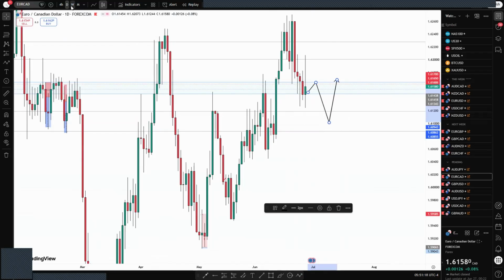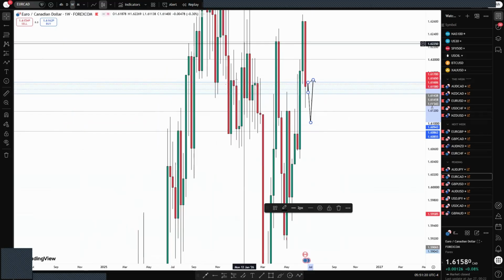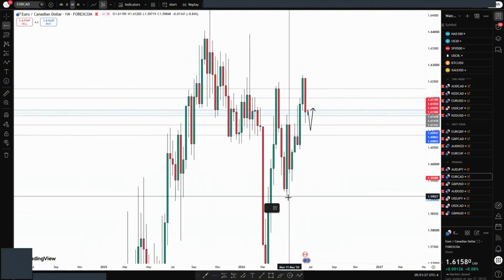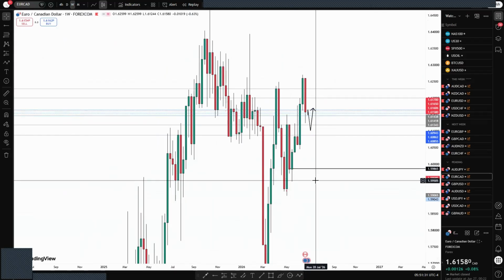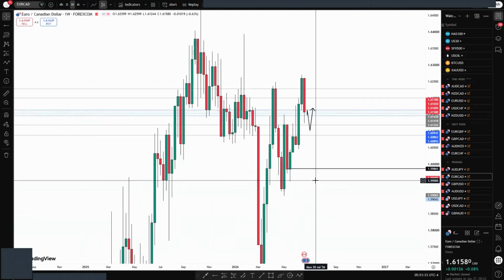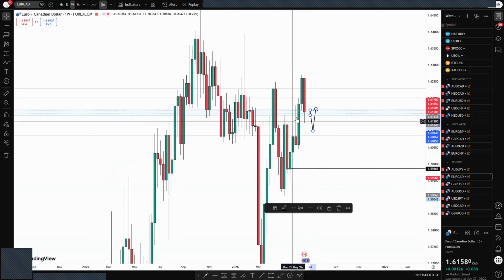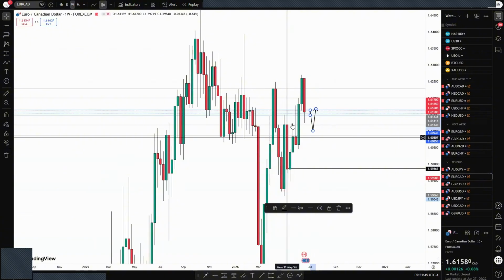And the good part with this level will only be bearish once price takes out this low here. So then you can have questions that how come this one we've considered it a low?